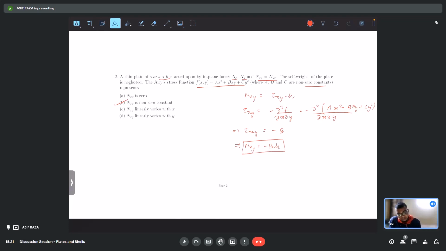Let's find all the other stress values also. Nx will be sigma x times h, and Ny will be sigma y times h. Sigma x is given by del square phi by del y square. If I take it with respect to y, this will be 2c, so this gives Nx as 2ch.